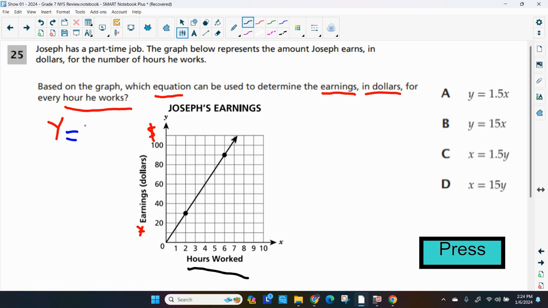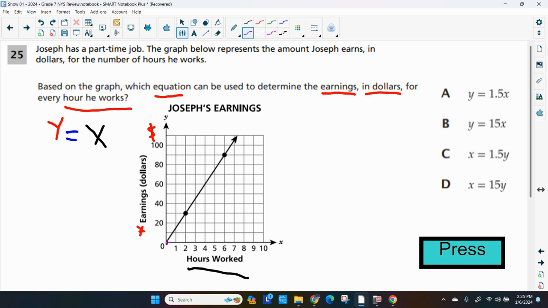that he works. So X. And if you remember when we were talking about the constant of proportionality, we are interested in each 1 hour that he works. So how did we get the equation? Because we got some interesting choices over here. You take a line that goes through the origin.